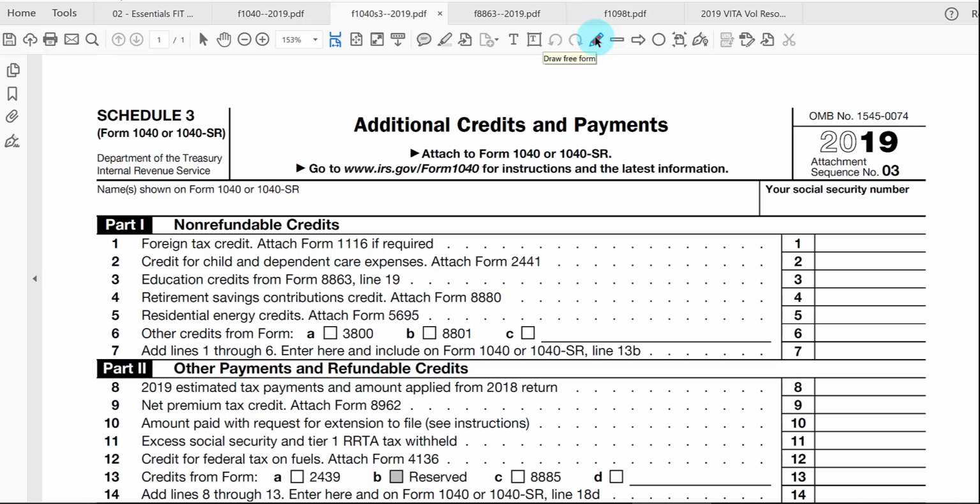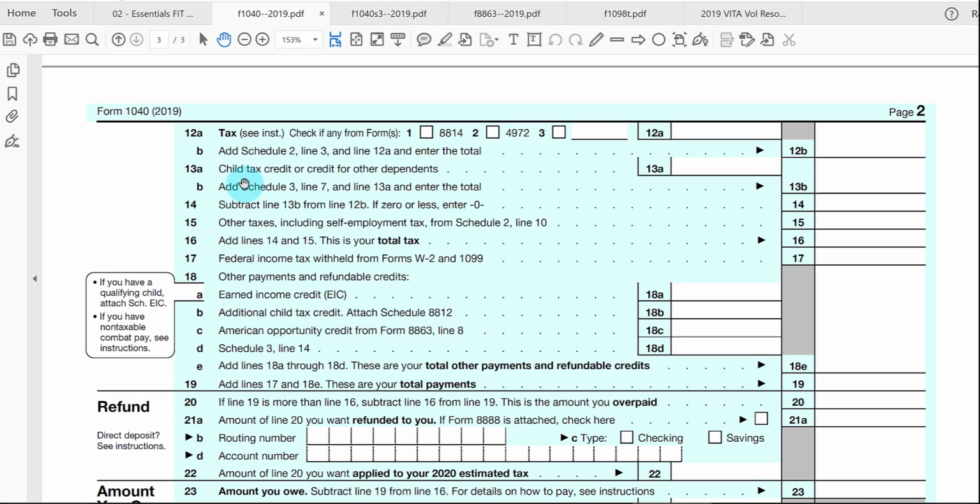Line 3 as non-refundable, including the child and dependent care credit we had talked about in the previous video. Okay, and again, subtotal here in line 7, and then recopied back on the 1040 form on line 13B.